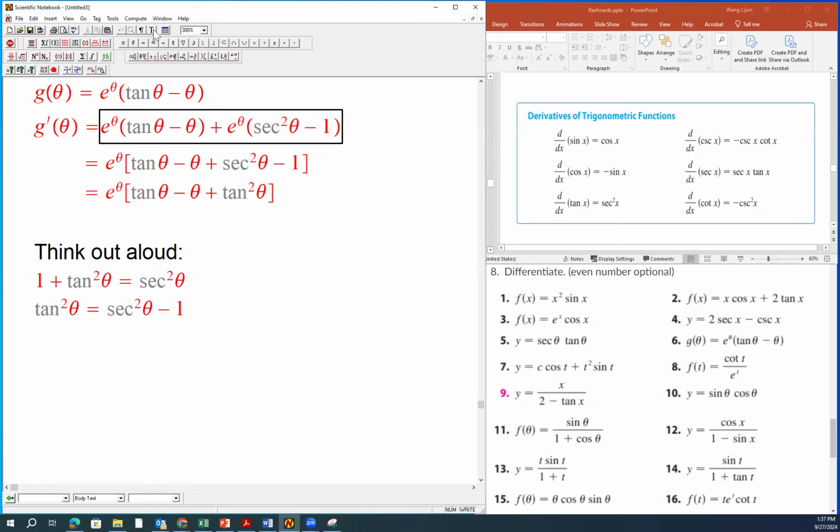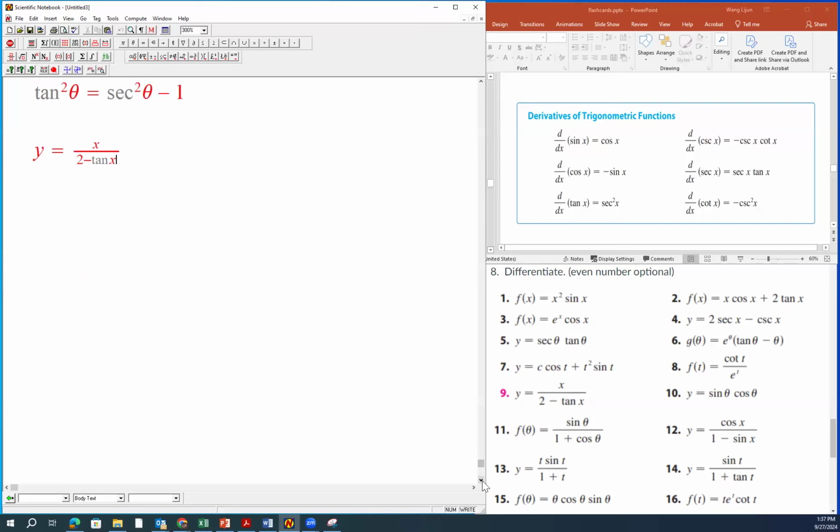Let's look at number 9. We got x over 2 minus tangent x. We're going to differentiate this function. Obviously, quotient rule. So dy dx, we're going to apply the quotient rule, okay? You should have your quotient rule card with you if you don't remember.